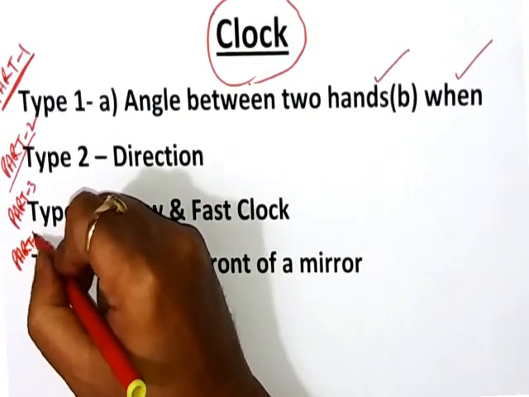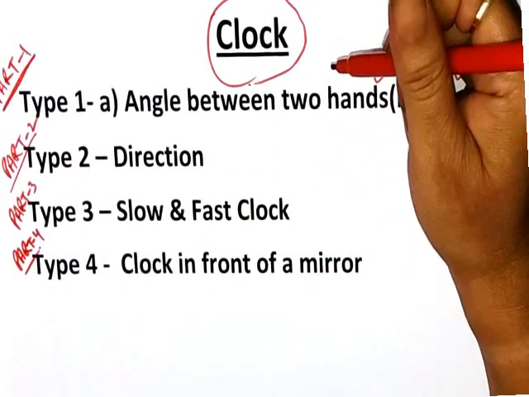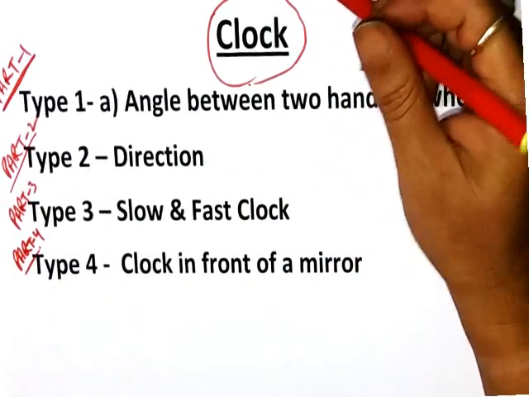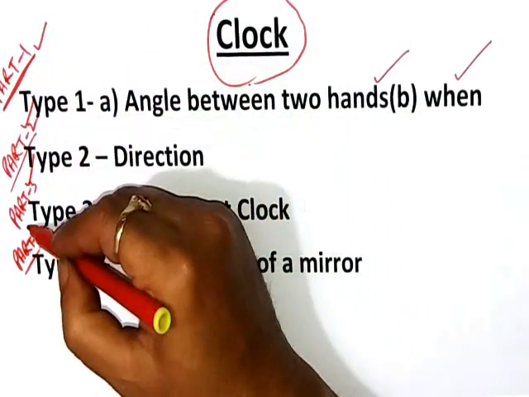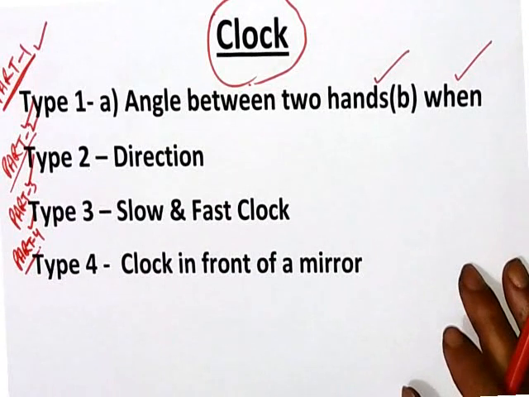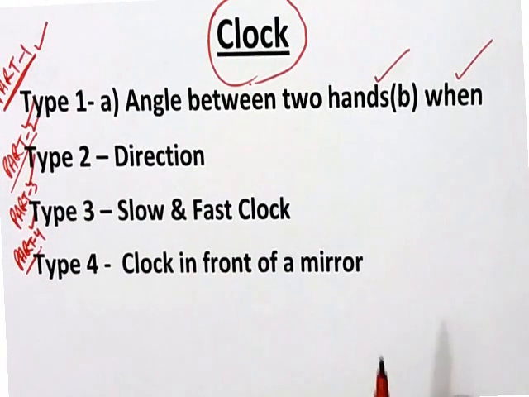Why am I discussing those things? Because to complete this chapter on clock, you will have to watch the video part 1, part 2, part 3 and part 4. And here I will use the visualization process.